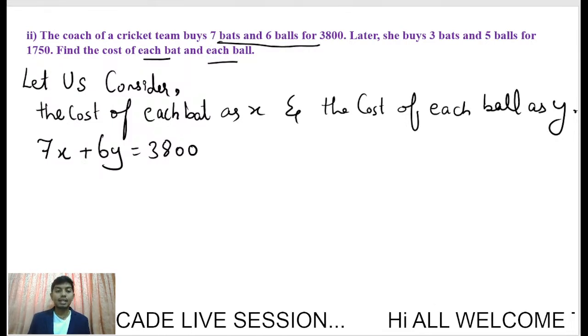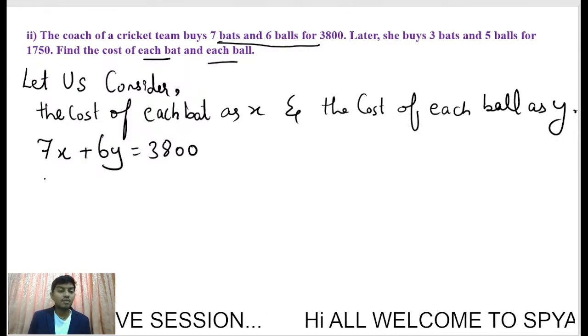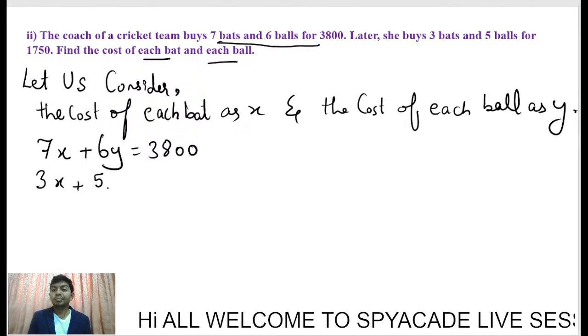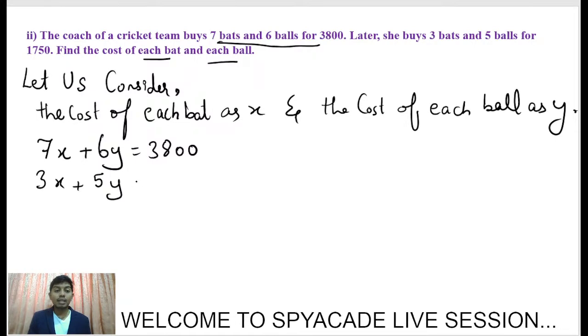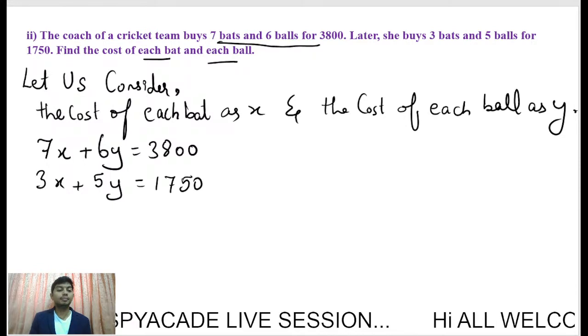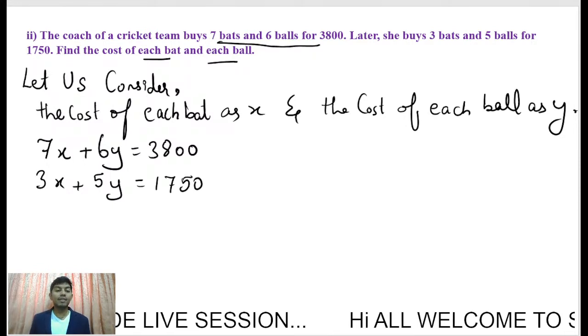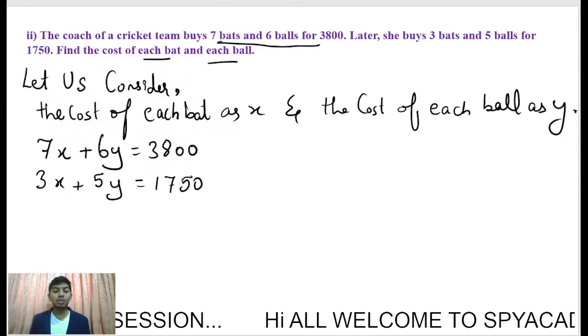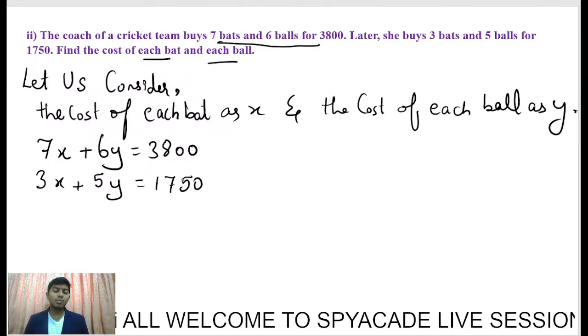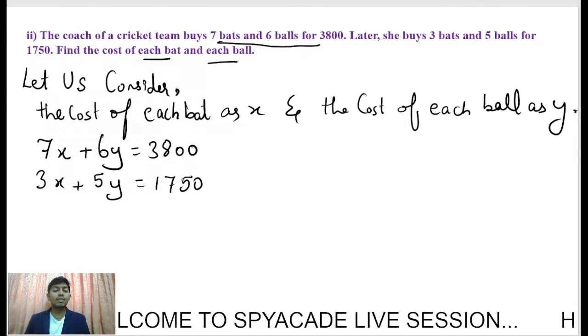And then what else they had given? 3 bats and 5 balls. So 3x plus 5y is equal to 1750. Right? 7x plus 6y is equal to 3800, and 3x plus 5y is equal to 1750.